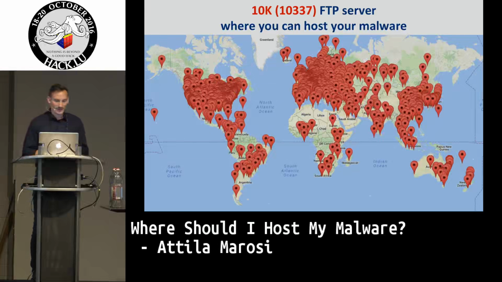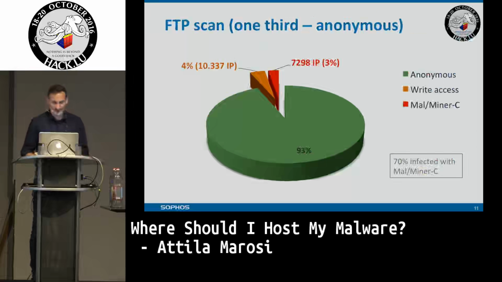So you have 10K new IP addresses to host anything you would like to. I think I don't have to mention that there is so much personal and privacy data which could also be downloaded or hijacked in this way.